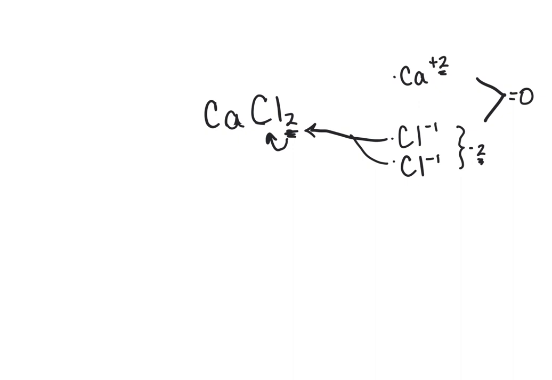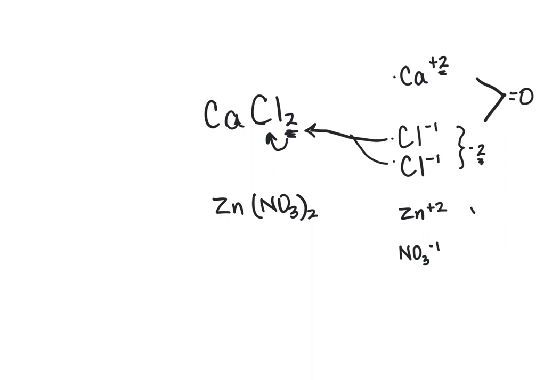There are some situations where we might have a polyatomic ion. So let's say we're looking at the formula for zinc nitrate. Putting together that ionic formula, zinc has a +2 charge, and nitrate is a polyatomic ion that has a -1 charge.